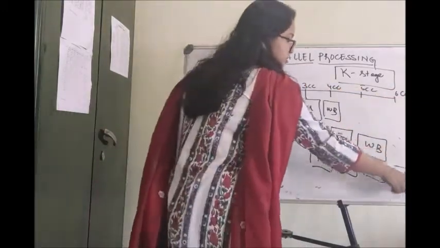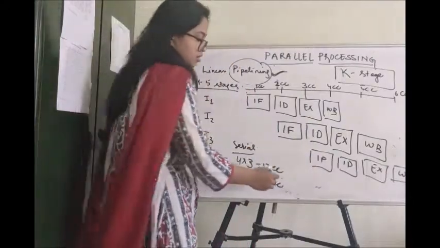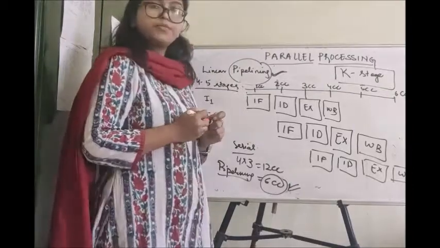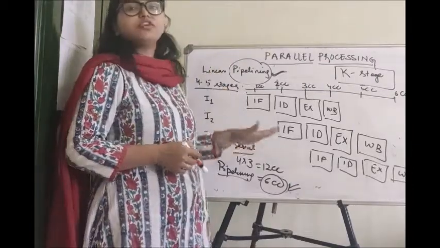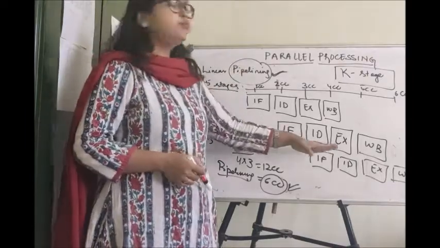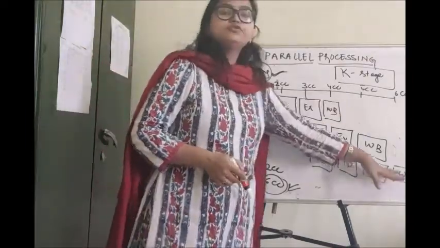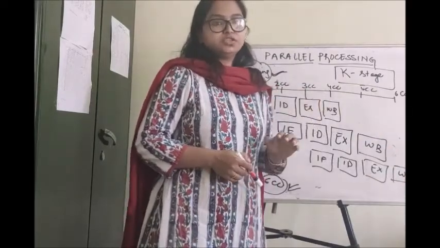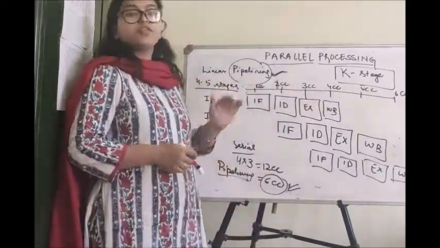Within 6 clock cycles, we are completing 3 instructions. So it is reduced. I hope you understood the benefit of pipelining. Using only one processor, we are able to reduce the time of executing multiple instructions. Okay. So this is a very powerful technique.